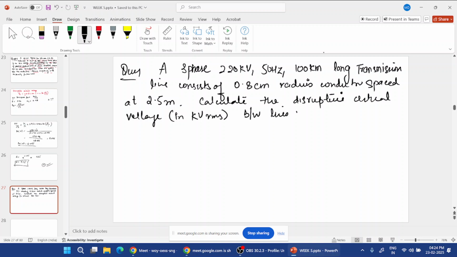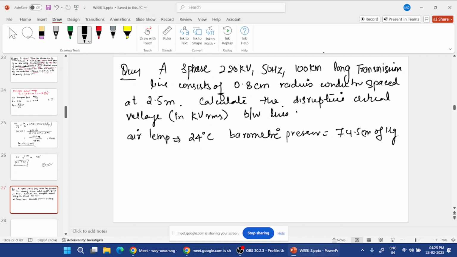Now, taking air temperature 24 degree Celsius, barometric pressure 74.5 centimeter of Hg, and surface irregularity factor 0.94, and dielectric strength, which is G, is 21.1 kV per RMS.